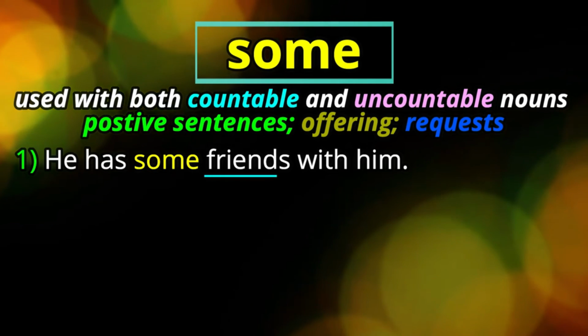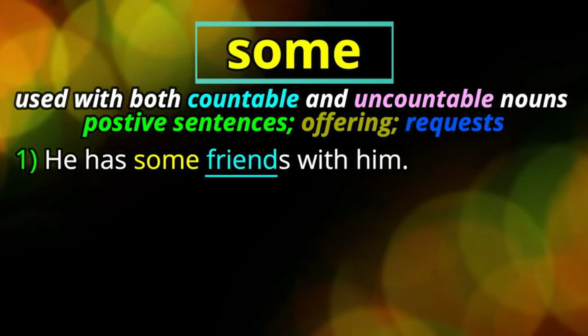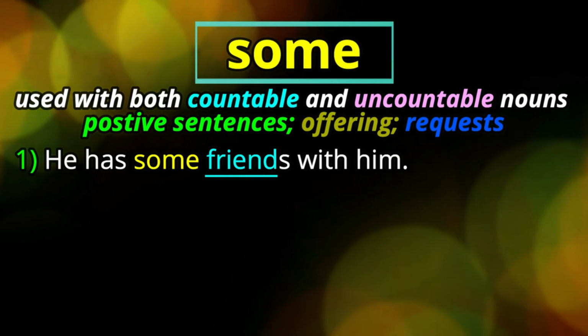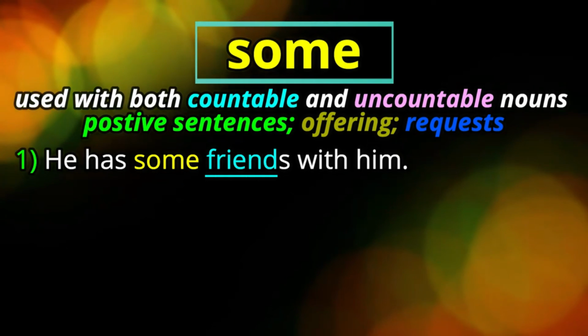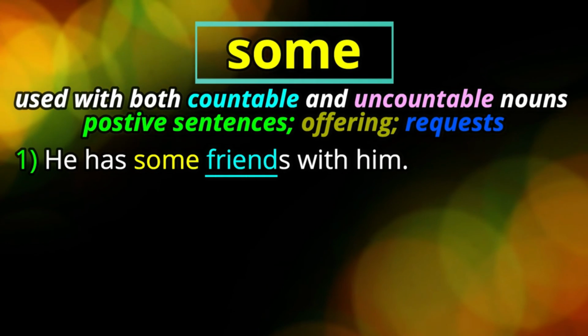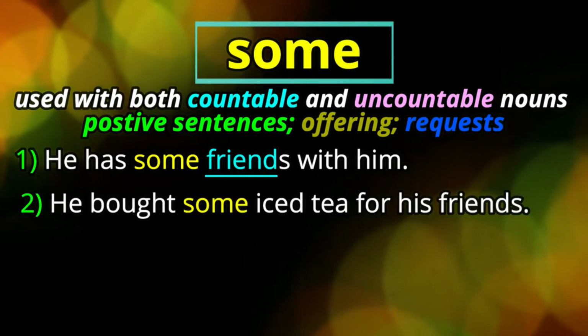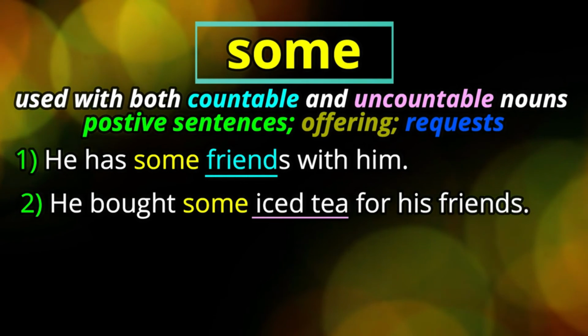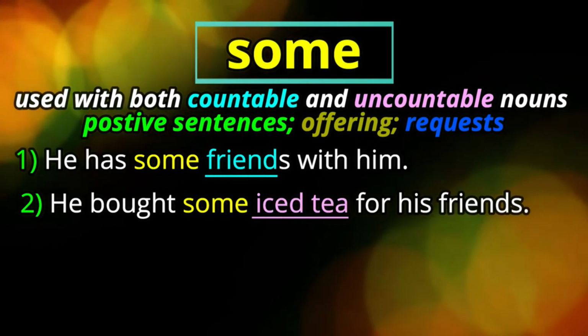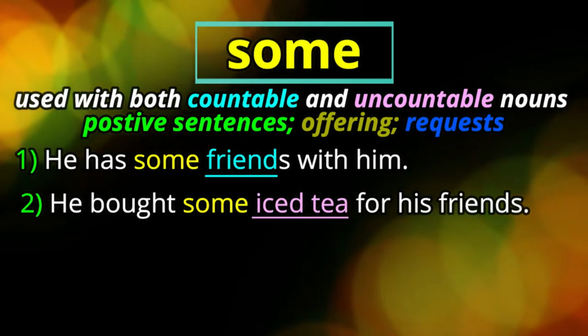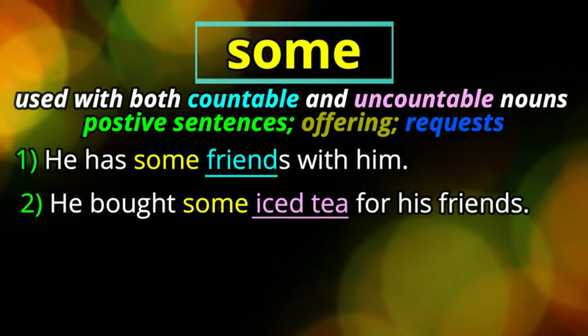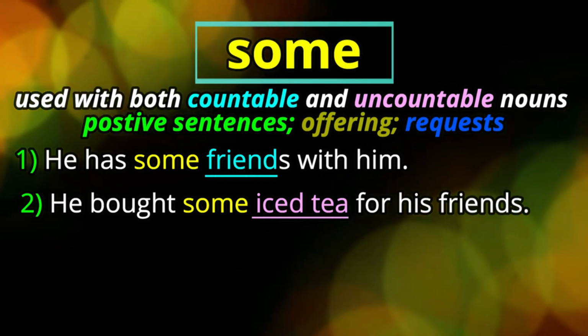All right, friend is a countable noun. So we can use some with countable noun. It's positive, right? He has some friends. Number 2, he bought some iced tea for his friends. Now, iced tea is an uncountable noun. You see, but we can still use some. So it can be used with countable and uncountable nouns.